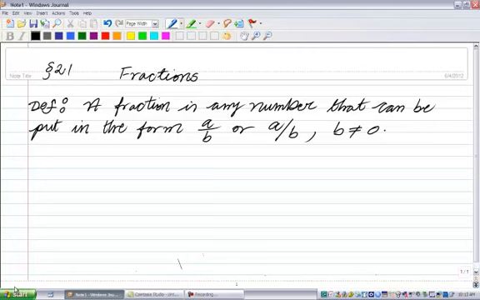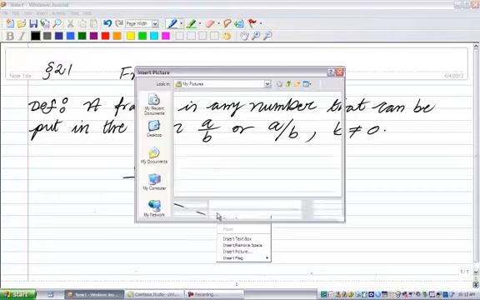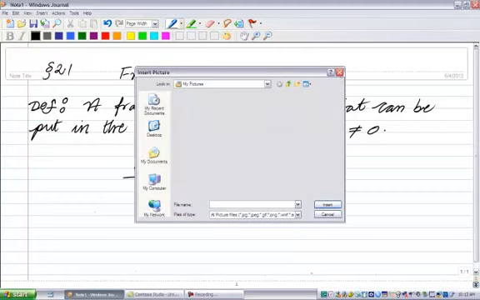So in this notation, if I write A over B, we call B what? Anyone knows the term for B? It's called the denominator.